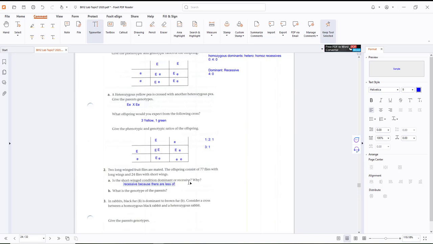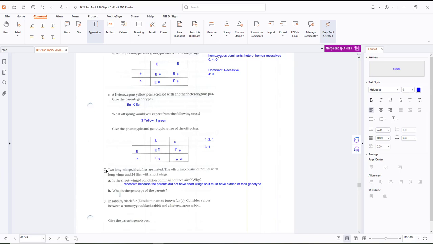So it's recessive because if you notice, neither of the parents had short wings. So it must have been hidden in their genotype. Okay, so what is the genotype of the parents?